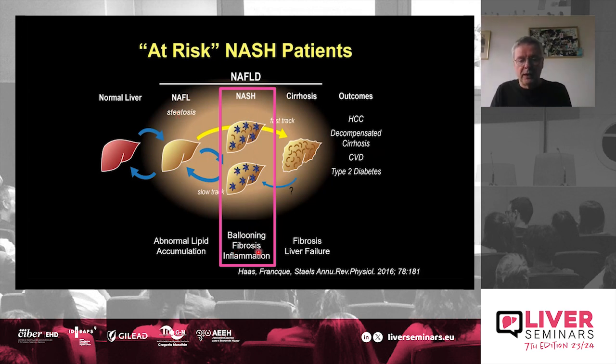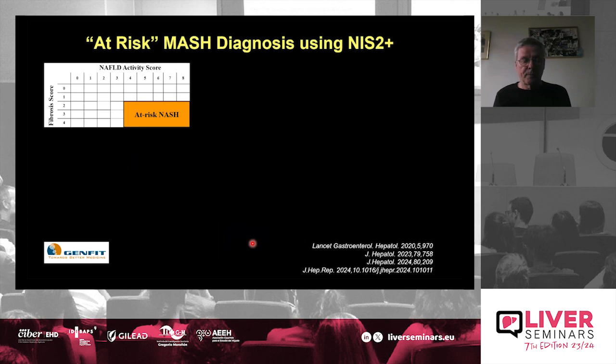And when this is combined with early stage fibrosis, F1 to F3 fibrosis, one talks about at-risk NASH, and this is the condition that is now being studied through biopsy measured changes in at-risk NASH in patient populations.